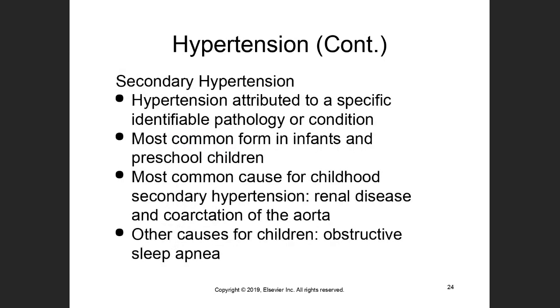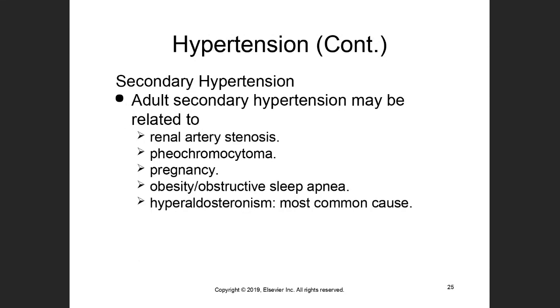Secondary hypertension. Remember, primary hypertension is idiopathic. There is no cause. There is nothing producing the hypertension. Secondary hypertension is related to another disease like heart problem, kidney problem, okay? In adult secondary hypertension, we have renal stenosis, pheochromocytoma.